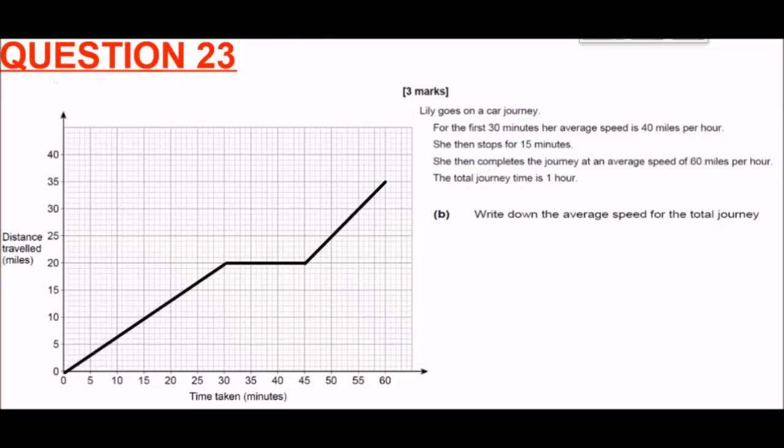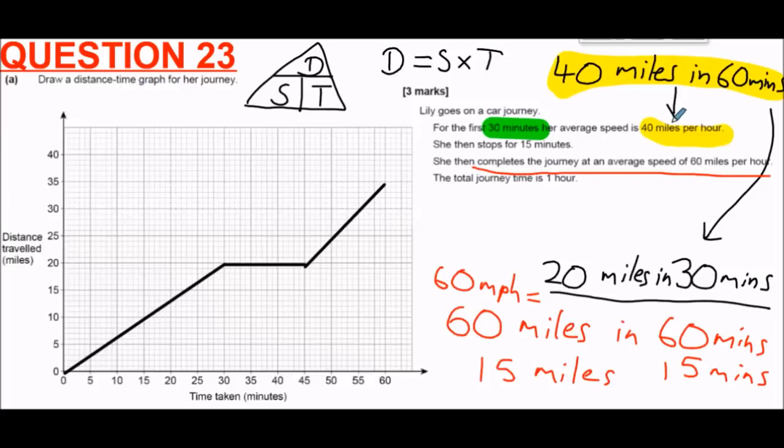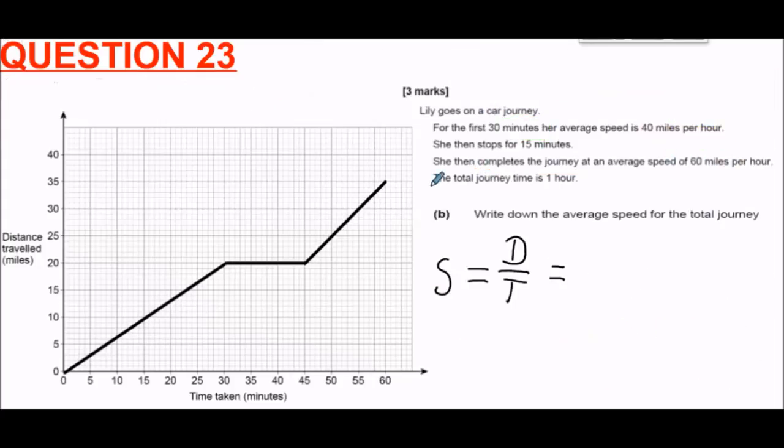Now, for such questions like this, for car journeys, the time will almost always be in hours in terms of speed. Kilometers per hour or miles per hour. The units of time will be in hours, as it was for question A. It mentioned miles per hour and 60 miles per hour. So the time we'll be interested in will be in hours.